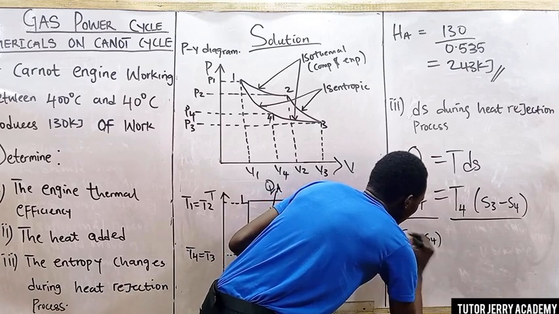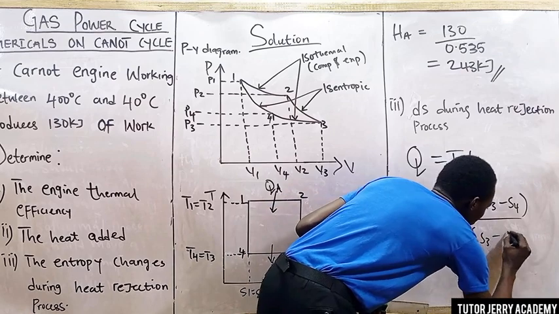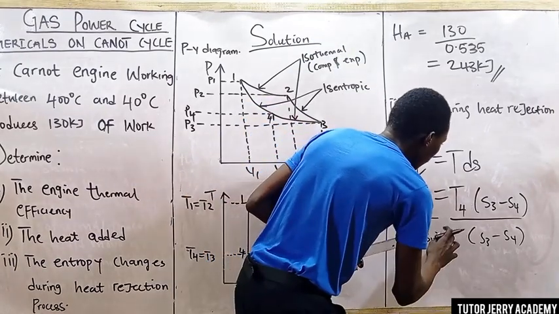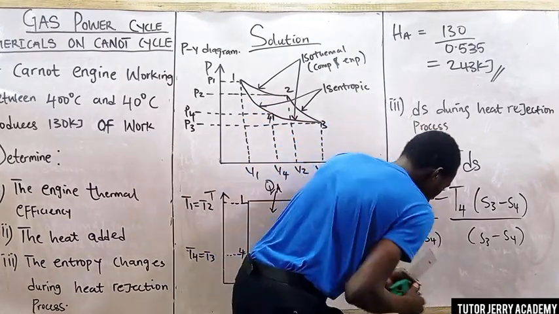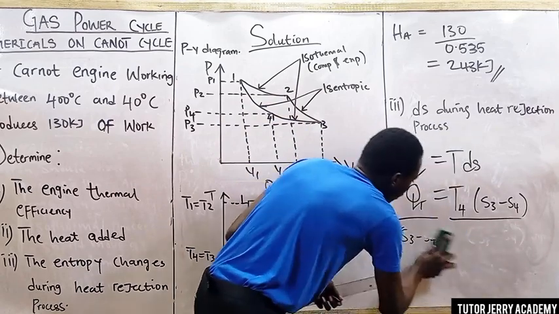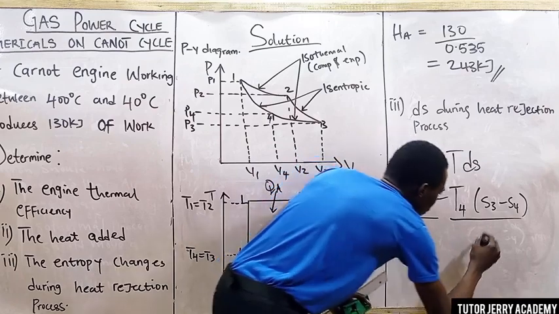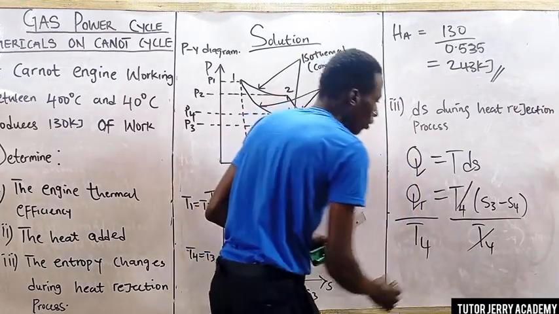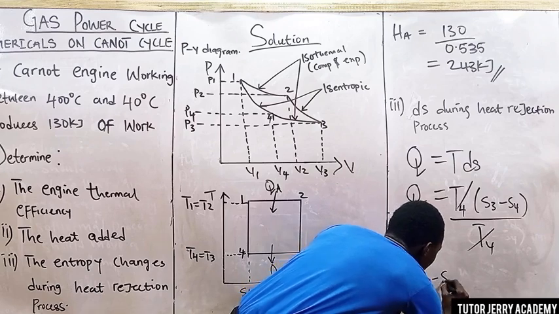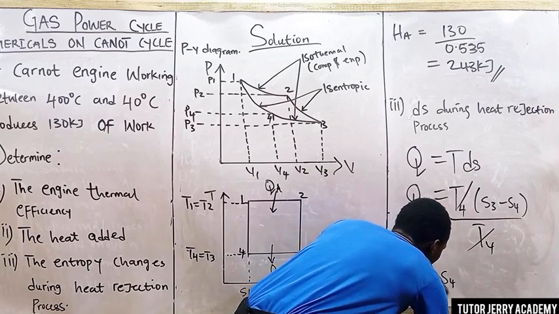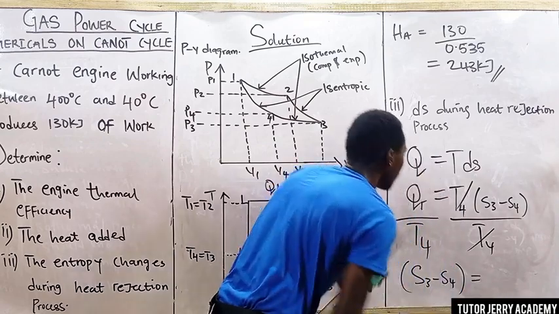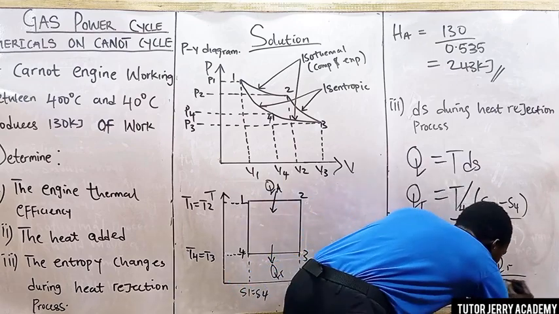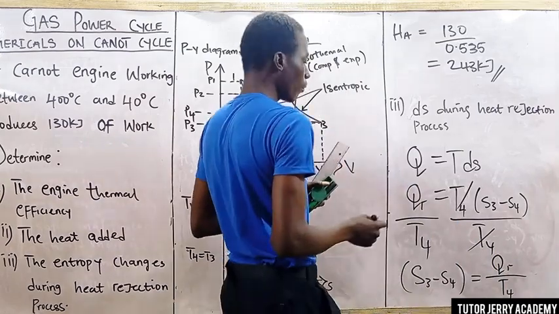We divide by T4, and T4 cancels with T4, so S3 minus S4 will be equal to Q_R, which is our heat rejection, all over T4, which is our minimum temperature.